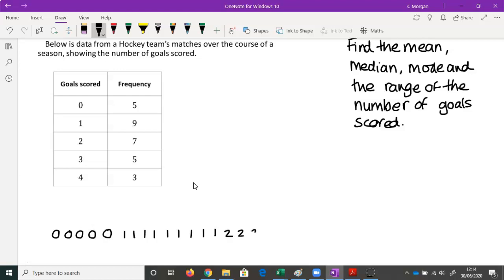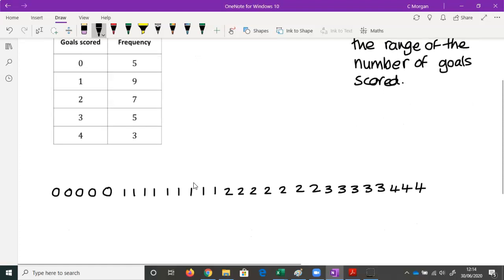There were 5 matches where 3 goals were scored. And there were 3 matches where 4 goals were scored. So I've made my frequency table into a list of numbers.